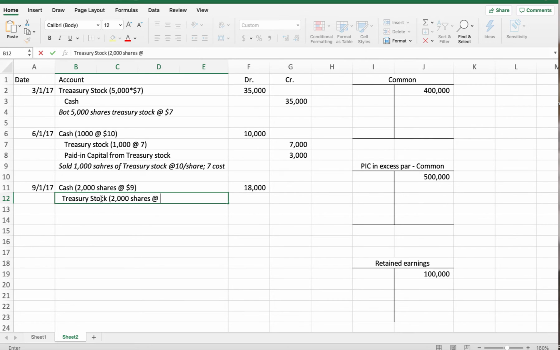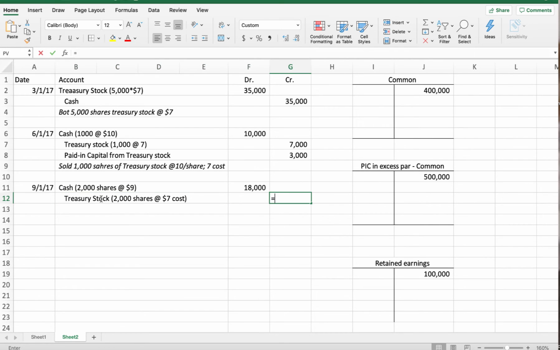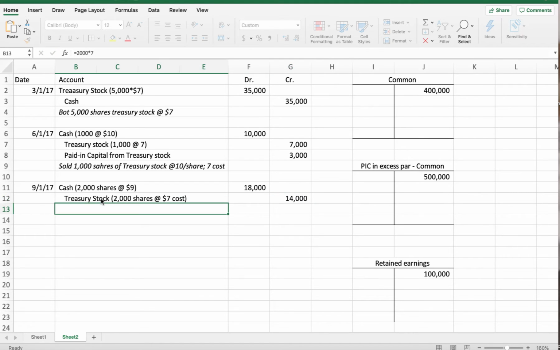I paid $7. And this is my original cost. Okay? So what's the credit amount? Well, that's easy. 2,000 times my $7 per share. That's $14,000. I have a difference here, right? That's okay. So what am I going to do?